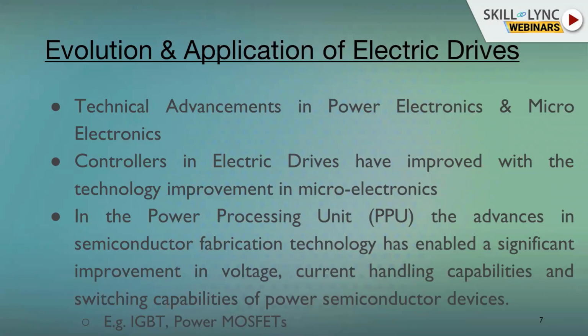So as a result, of course, controllers have also improved. The power electronic devices have become capable of handling higher voltages, higher currents, and much faster switching capabilities. So typically the power electronic devices, which are in the power processing unit, we have typically IGBTs, power MOSFETs. These are the devices that are currently in use.